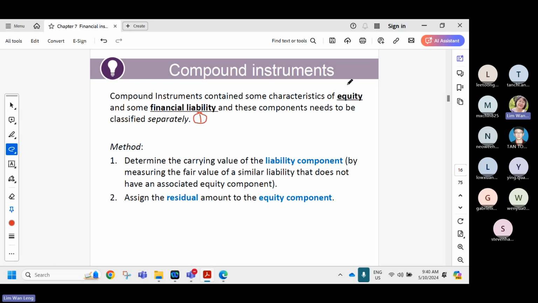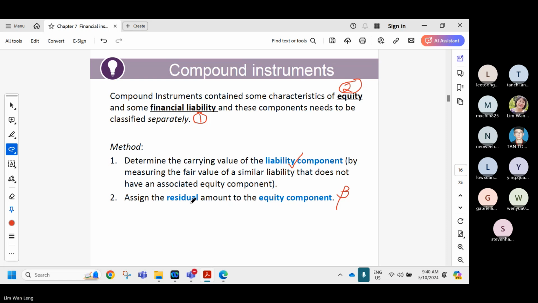Usually the method to do the split accounting is to determine the liability component first. Then equity, remember equity is always the residual. So the equity component will be the residual.